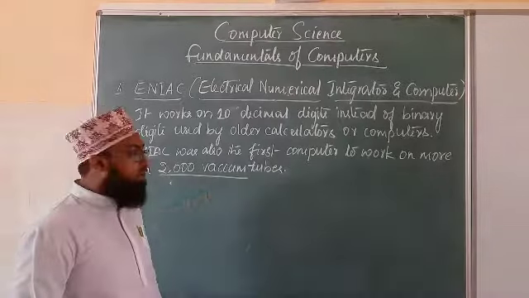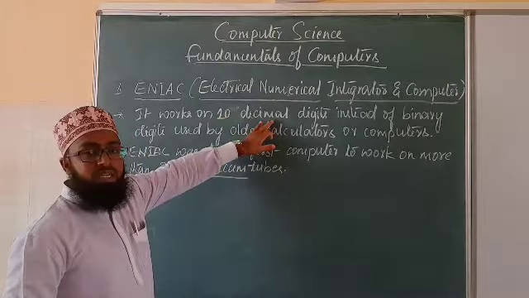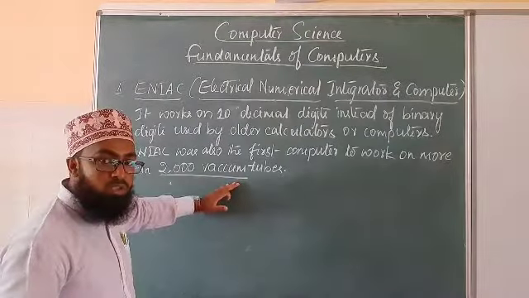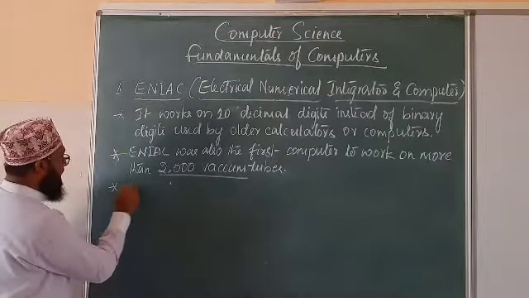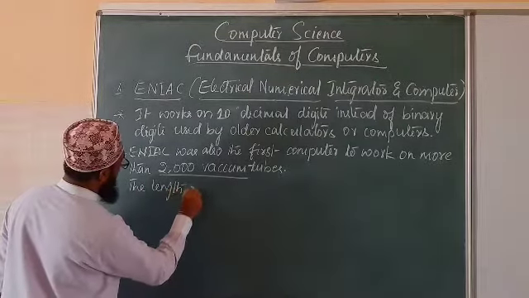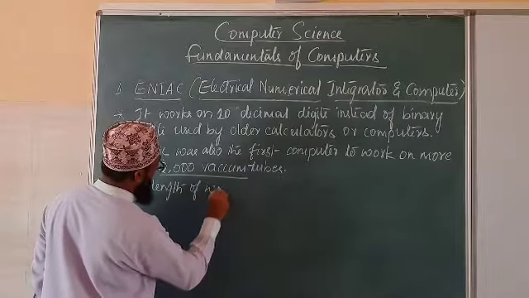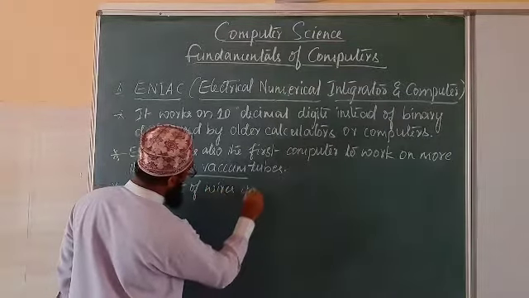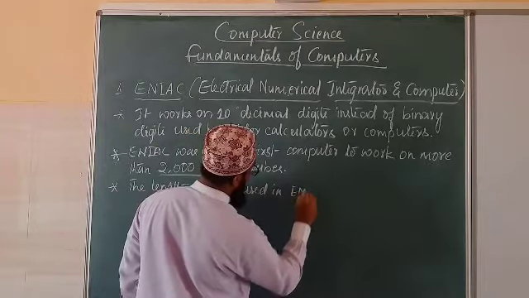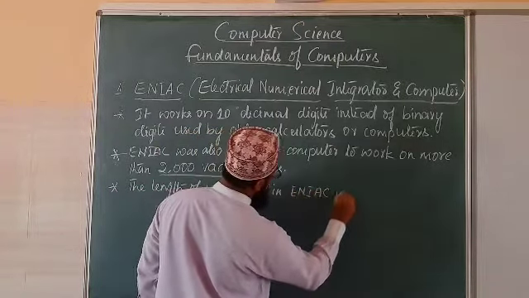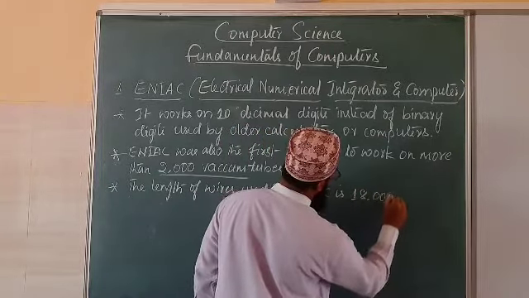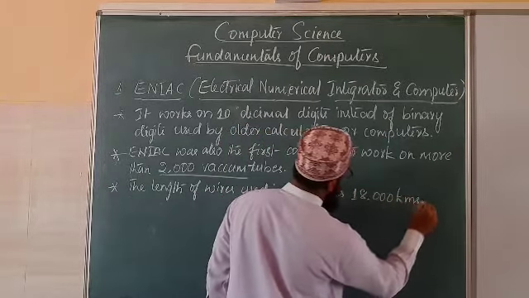ENIAC was working on 10 decimal digits, but it uses 2000 vacuum tubes, and the length of wires used in ENIAC is 18,000 kilometers.